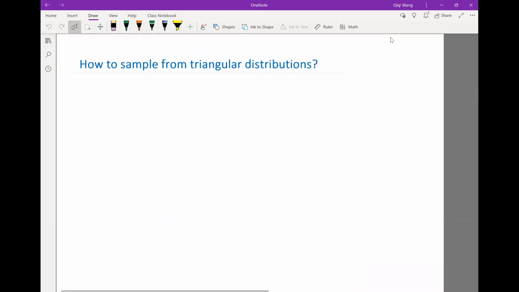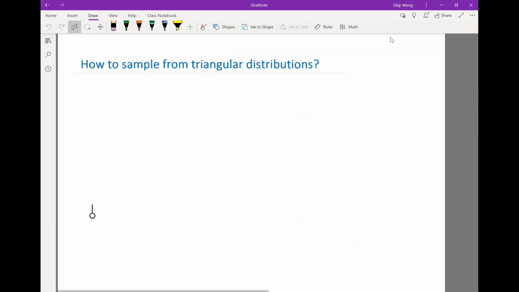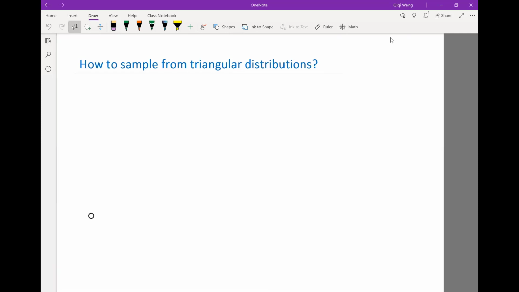Okay, so for the first method I'm going to use the example of a triangular distribution. The triangular distribution is most easily characterized by the PDF, or the probability density function, of the random variable x.